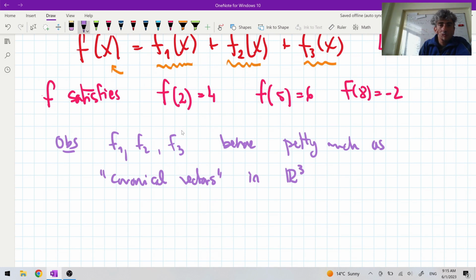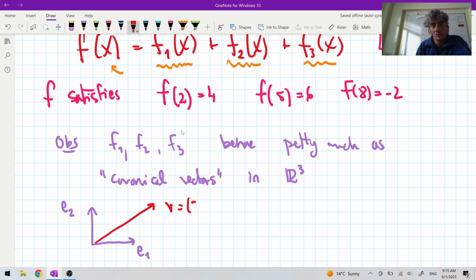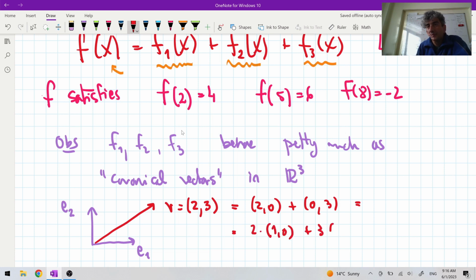Remember when you had the canonical vectors in R2, for instance, and you wanted to write the vector, say, 2, 3. Well, this vector 2, 3 can be thought of as 2, 0 plus 0, 3, and this was thought of as 2 times the first canonical vector of the basis plus 3 times the second one.